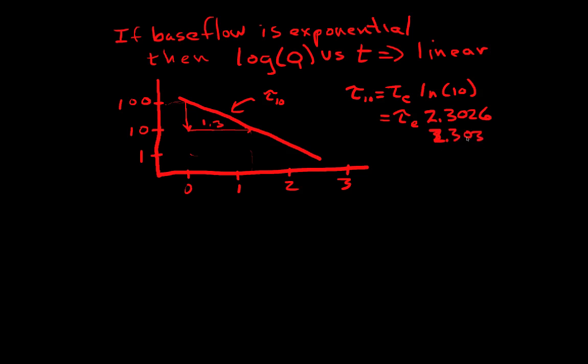That gives us 4 significant figures, and there's very unlikely to be examples in which we need to know the answer to more than 4 significant figures. So the base 10 time constant is 2.3 times larger than the natural log time constant.